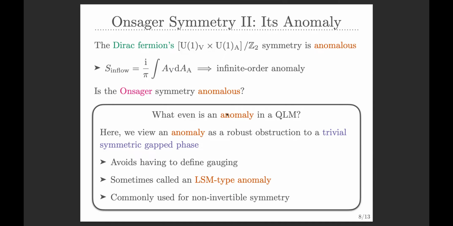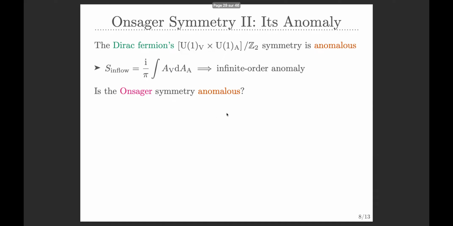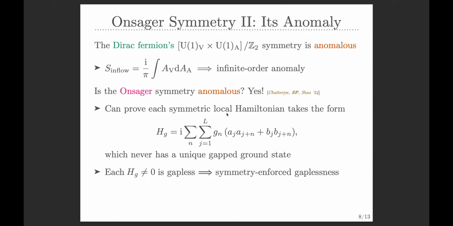Under this definition of an anomaly in a quantum lattice system, the answer to this question is yes. It's pretty easy to prove the following: each symmetric local Hamiltonian will always take the following form.